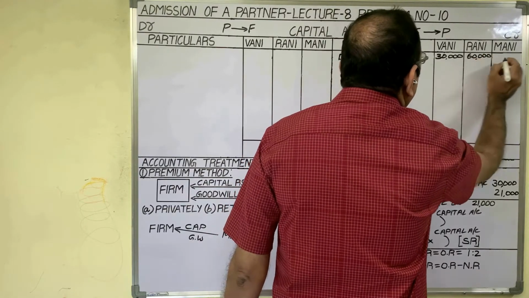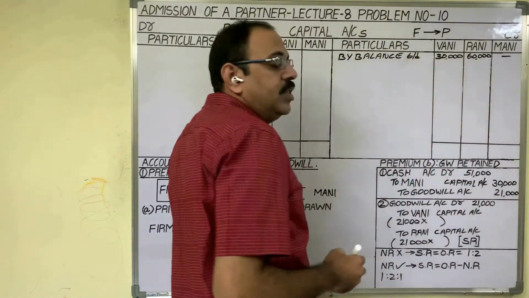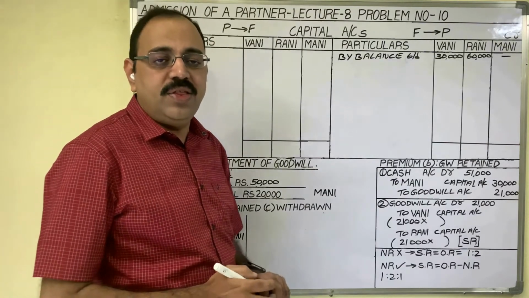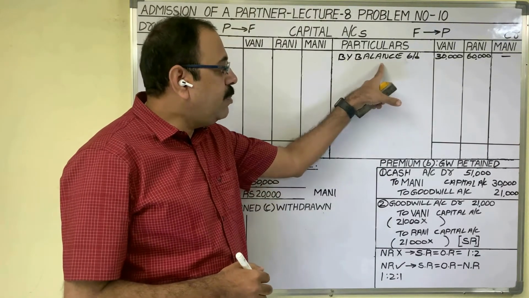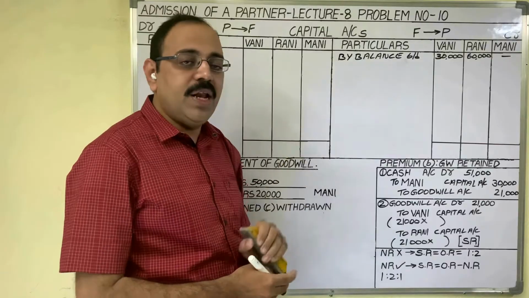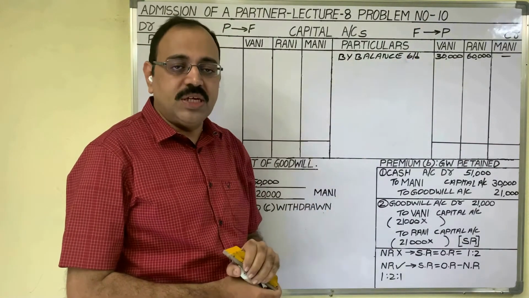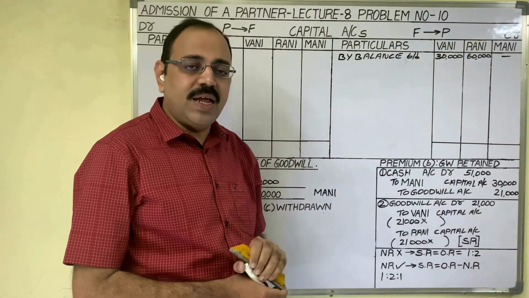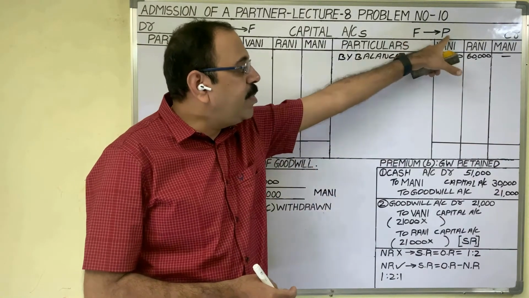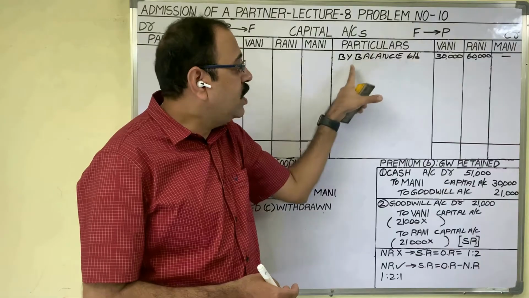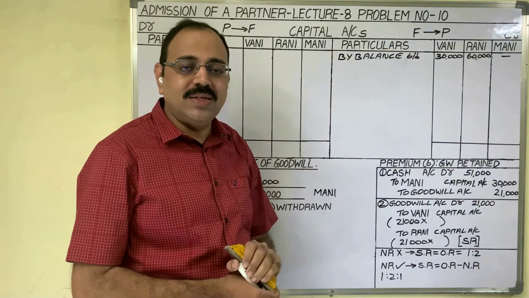The new partner's amount is not given in the old balance sheet, therefore for the new partner, don't write anything. Why are we writing the opening balance on the credit side of the capital account? Capital is what partners brought into the business. Suppose a partner is retiring, the firm should return that capital amount to them. Therefore, on the credit side we show the opening balance.